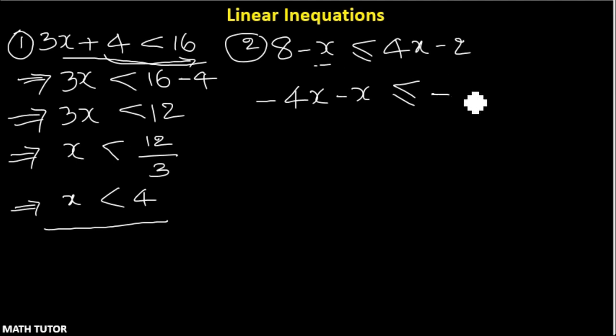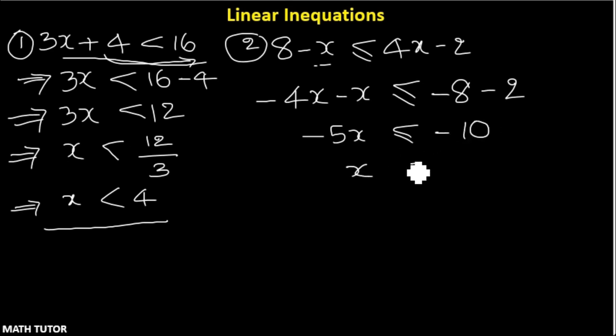I'm going to take the 8 to the opposite side. Understand? So minus 4x minus x becomes minus 5x less than or equal to minus 10. x less than or equal to 2. The minus signs we can cancel. So it becomes x less than or equal to 2.